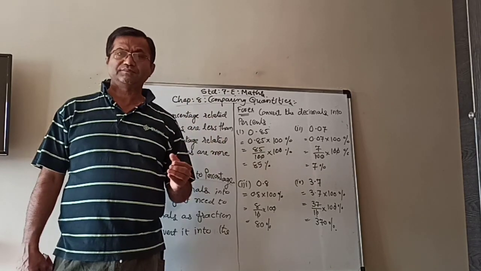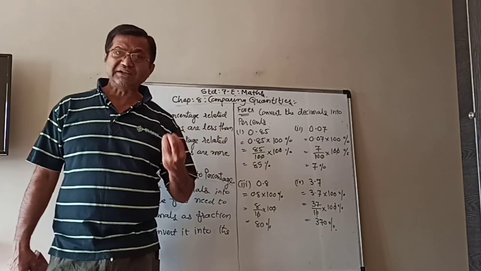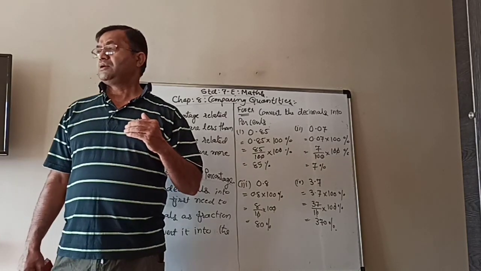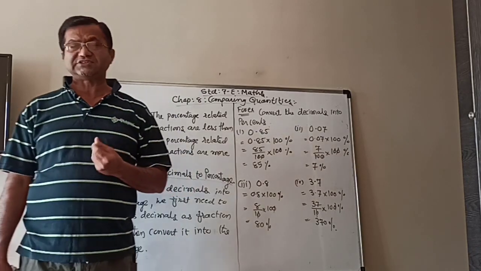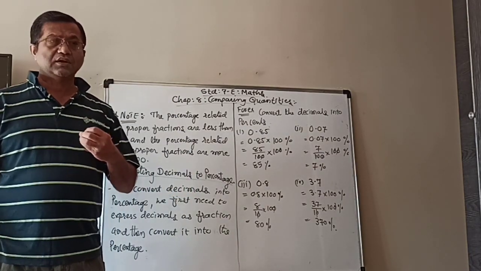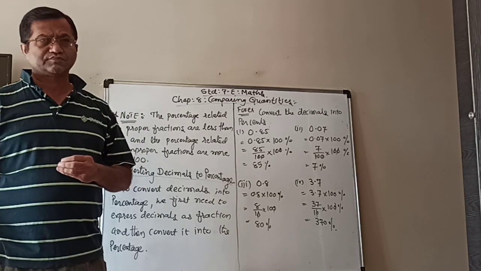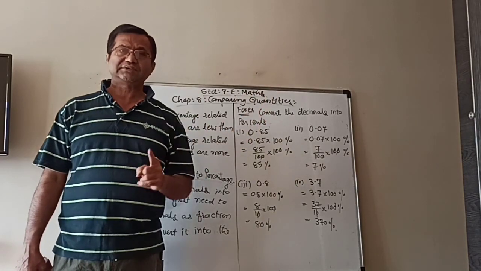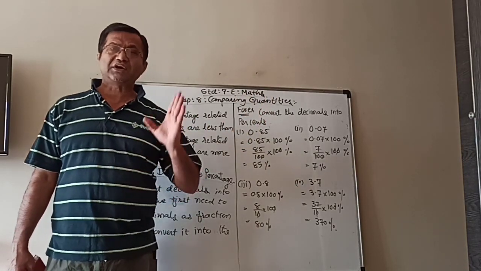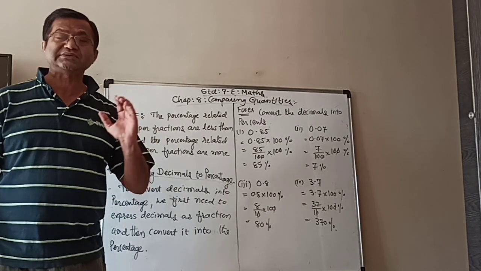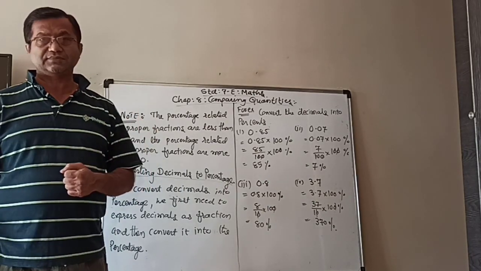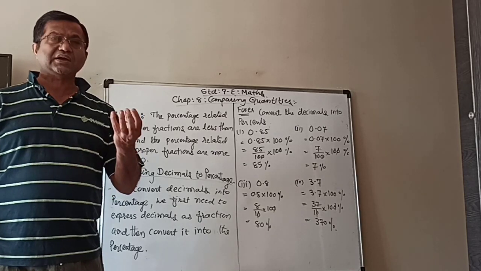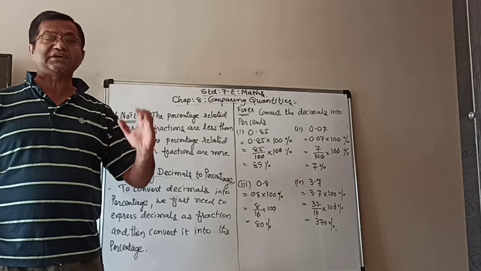But now when decimal numbers are there and we have to convert them into percentage, it is also very easy. You follow the same method, multiply by 100%, but first convert that decimal into a normal fraction. You have to check how many digits are there after the decimal point.